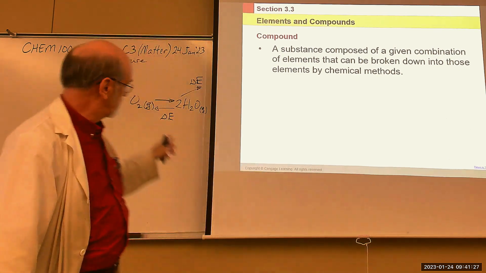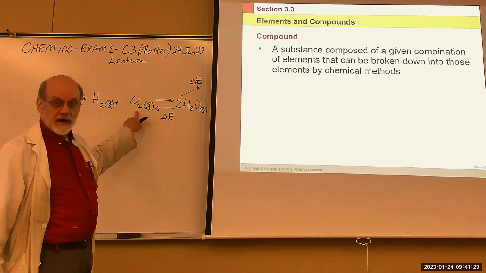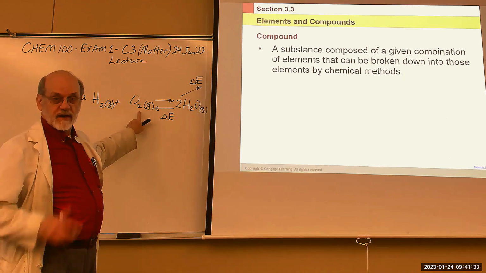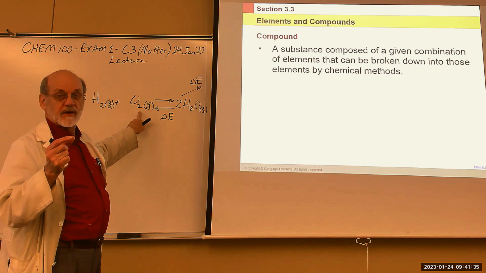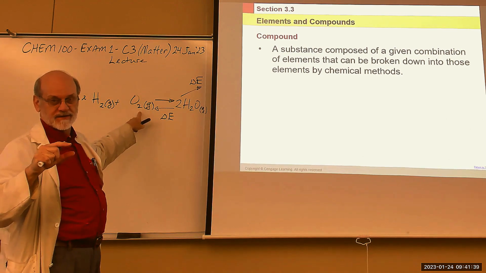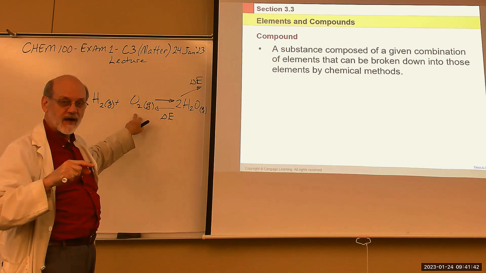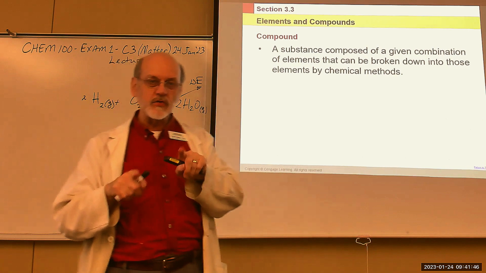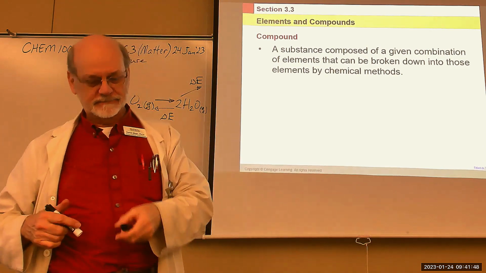Now, these are not compounds because, although they're bonded together, they're the same element bonded to itself. And so these are elements. This is a diatomic element. That's a diatomic element. Compounds have to have two or more different elements.